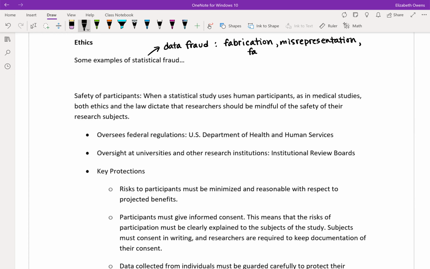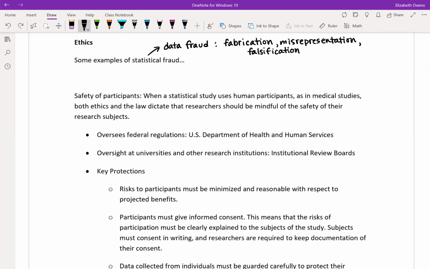So fabrication and falsification are very similar. Fabrication is making things up, like coming up with numbers that weren't really there. Falsification is a word for lying. So, that would be like lying about the numbers that they got or changing them somehow.